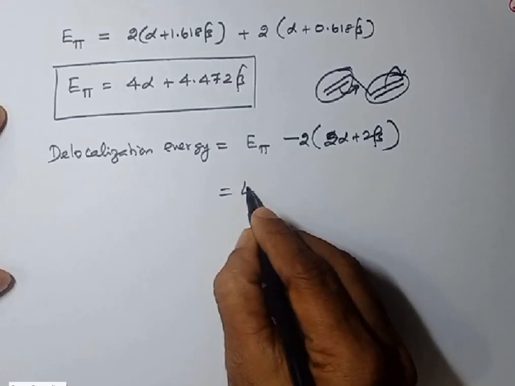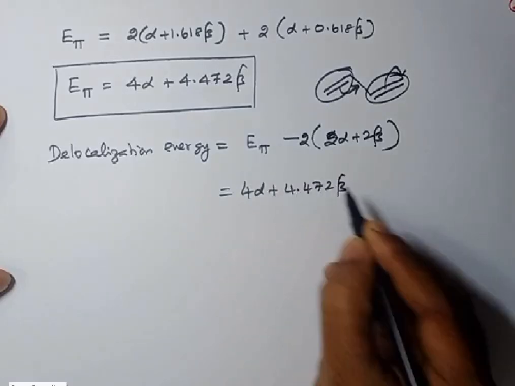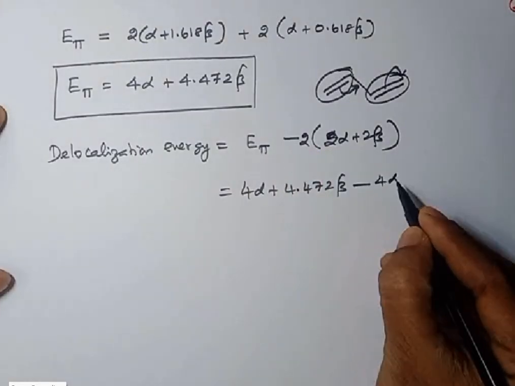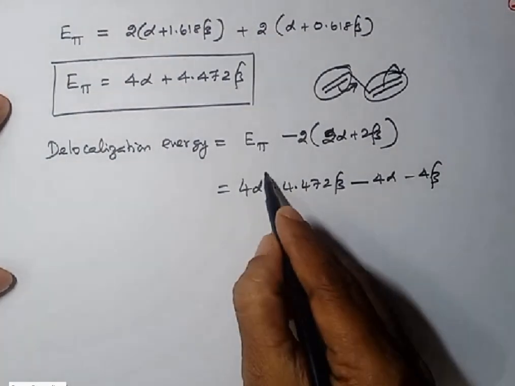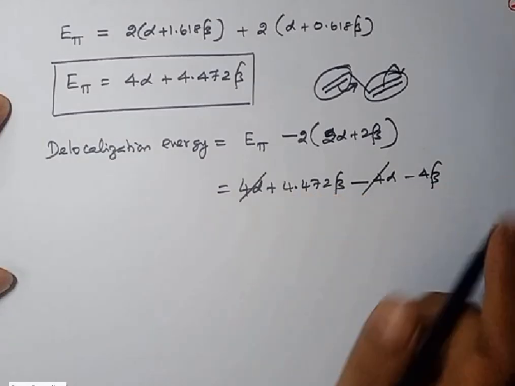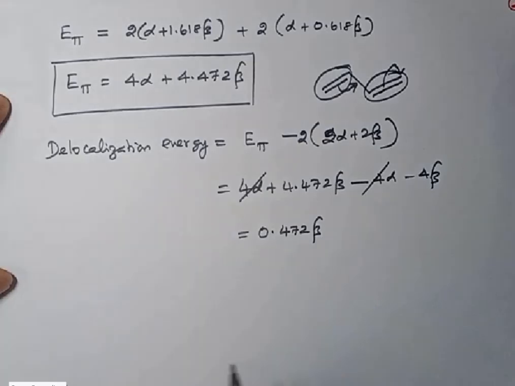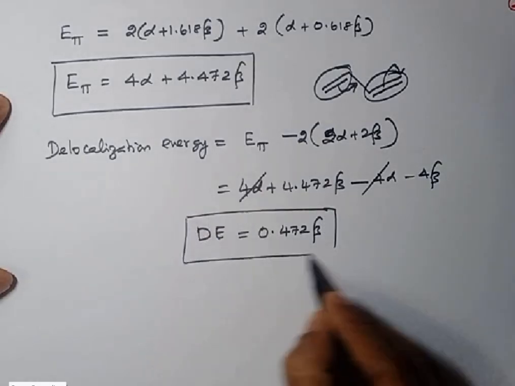Yes, which is equal to 4 alpha plus 4.472 beta. Then multiply this by minus 2, so we get minus 4 alpha minus 4 beta. Plus 4 alpha minus 4 alpha cancel. 4.472 beta minus 4 beta, if you subtract, you get 0.472 beta. This is the delocalization energy of 1,3-butadiene.